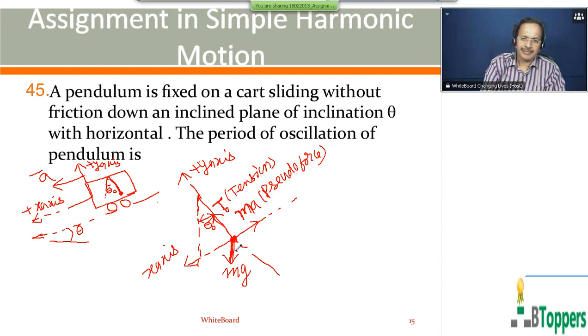The line of action of the weight mg, if it is produced, makes an angle theta with a line normal to the inclined plane. Theta is the angle of inclination of the inclined plane with the horizontal. That means this x-axis makes an angle theta with the horizontal direction.